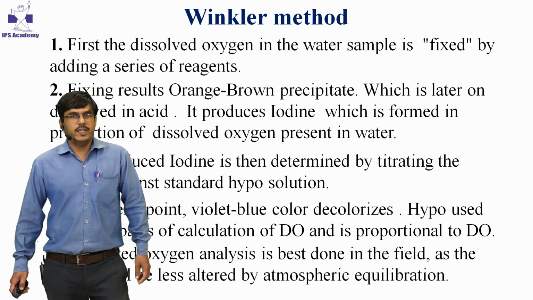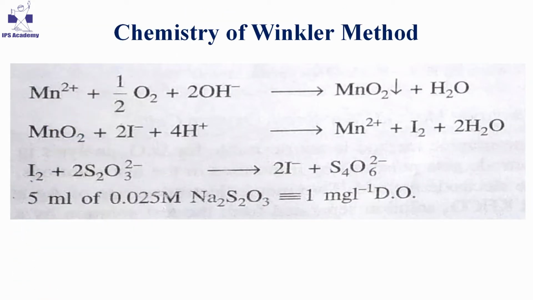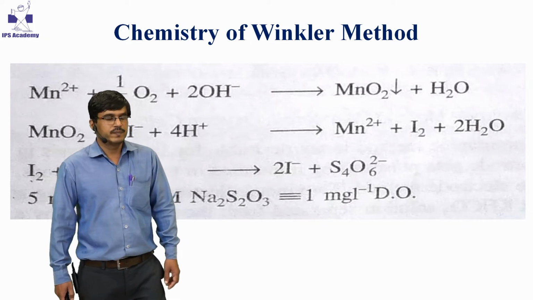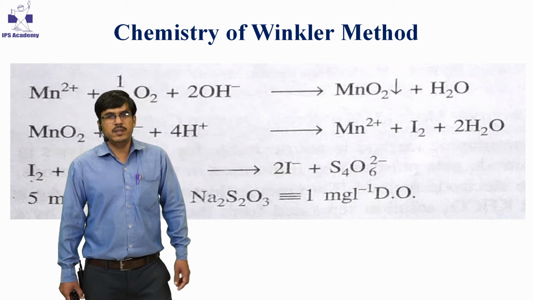Now let's see the chemistry behind the Winkler method. For fixing, we use manganese sulfate solution. The dissolved oxygen present in water will turn manganese ion into manganese dioxide precipitate. The color of the precipitate is yellow brown.